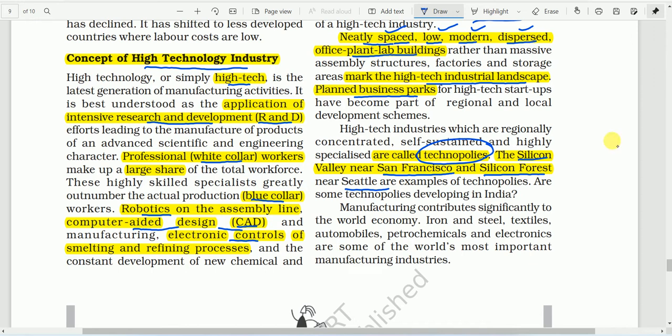We may cite the example of Bangalore, now known as Bengaluru. So it is developing like Silicon Valley near San Francisco. Likewise, you may identify other technopolis in India.